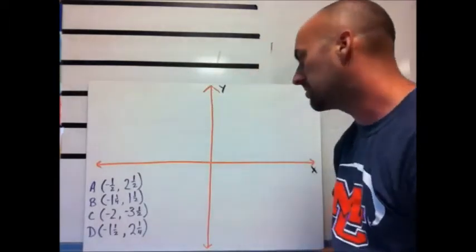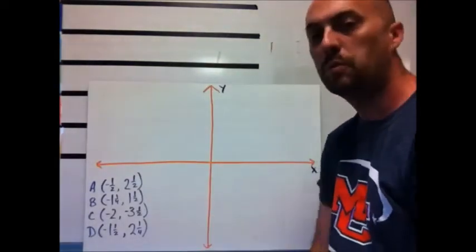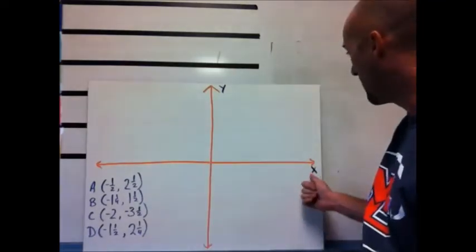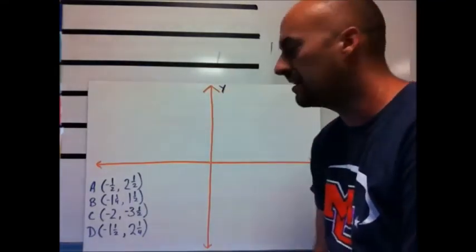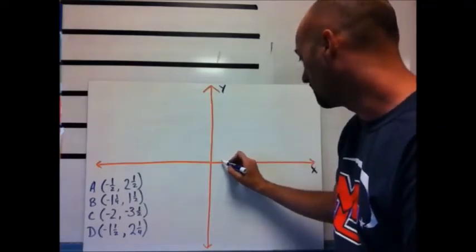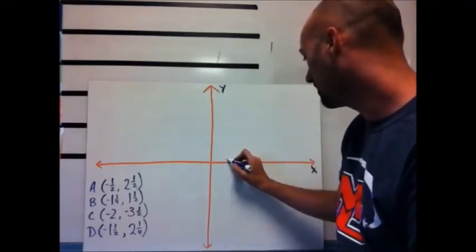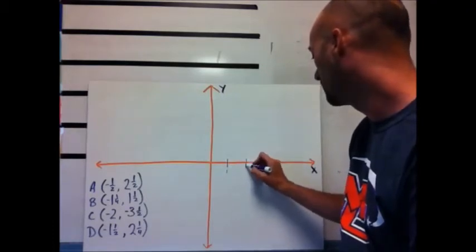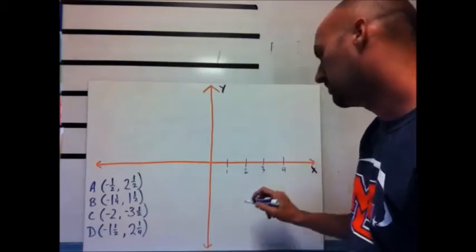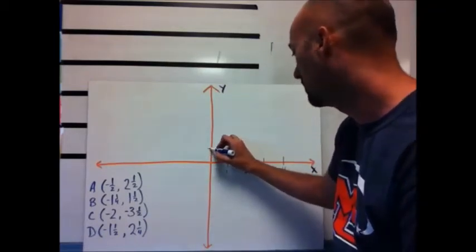All right, so here are 4 points, and we're going to plot them. Now, I don't have any numbers drawn on here. I do have my X and my Y lines labeled. So I'm going to go ahead and put in a few numbers. There's 1, 2, 3, 4. That'll be plenty.